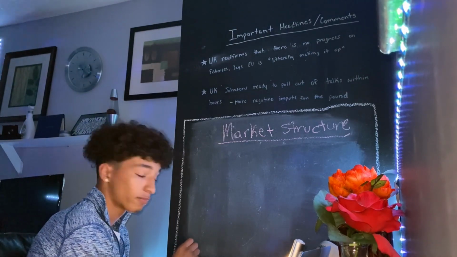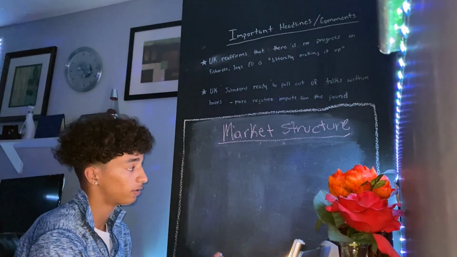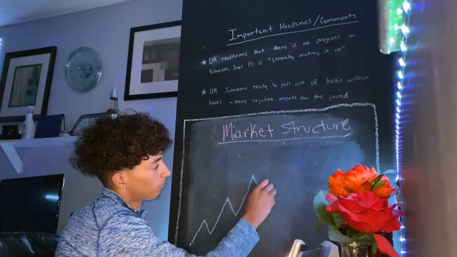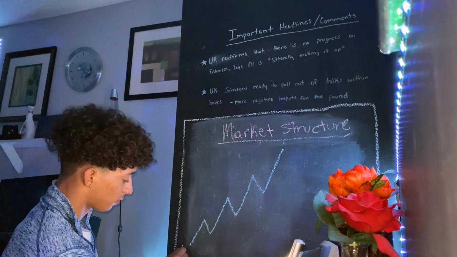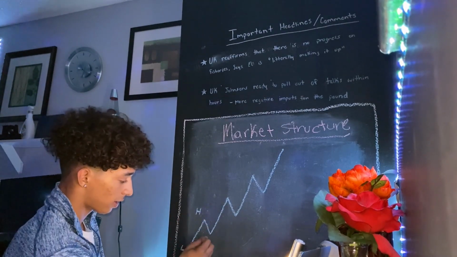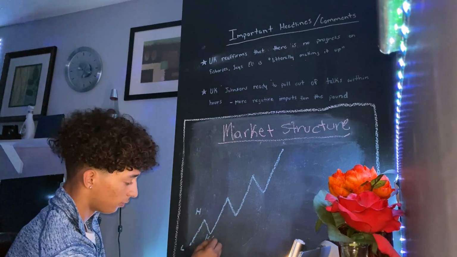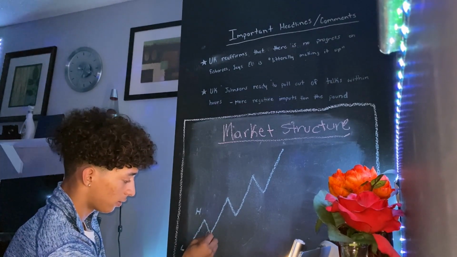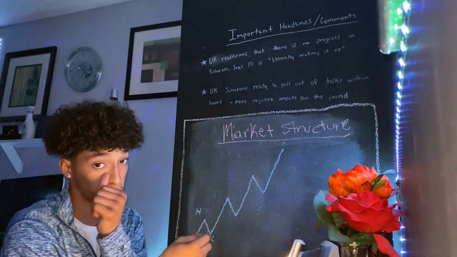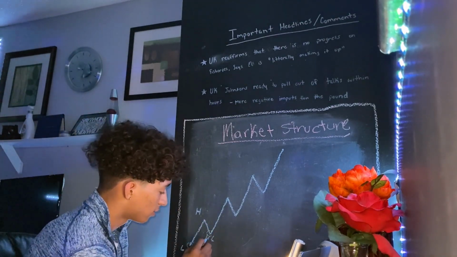So let's give an example real quick. We're in the uptrend. Price is making higher highs and higher lows because we're in the uptrend. So this is the low. This is a high. This is now a higher low because it's higher than the previous low. I'm just gonna do this again so you guys get this down, because market structure is very important. So this is a higher low.